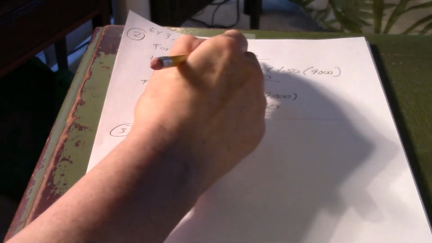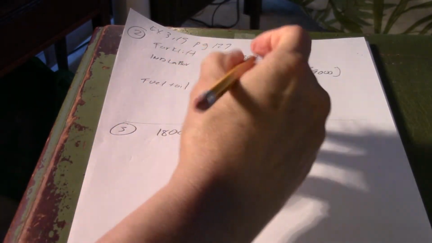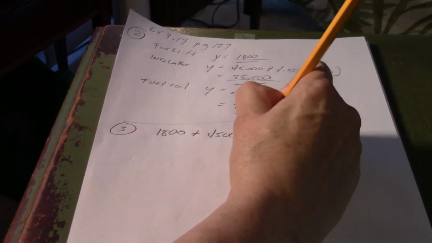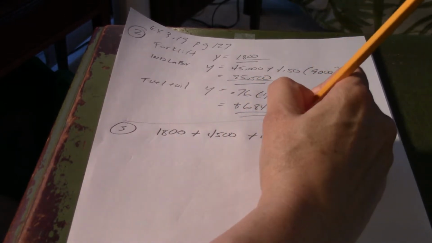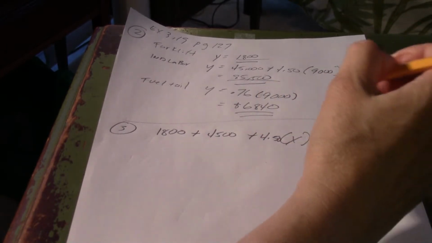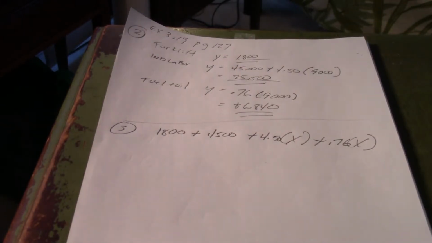So forklift is 1,800 plus the indirect labor is 45,000 plus 450x, right? 450x plus 76x, right?